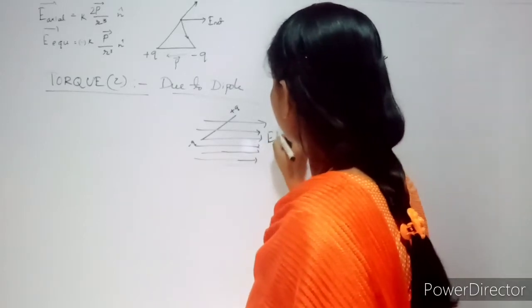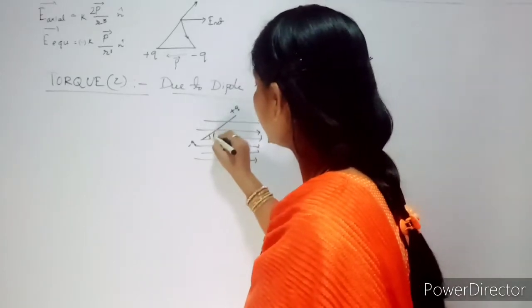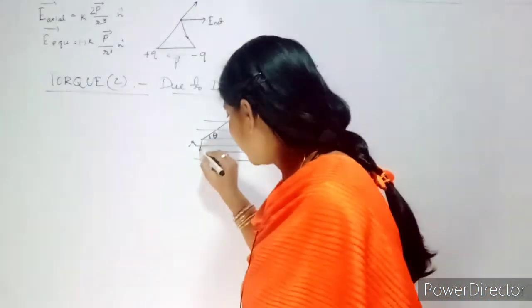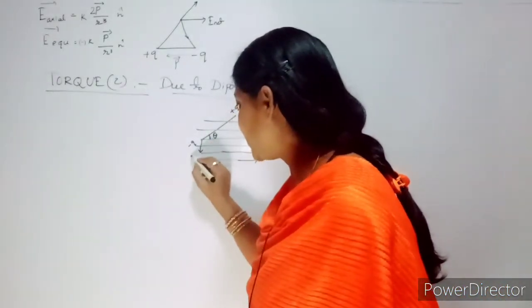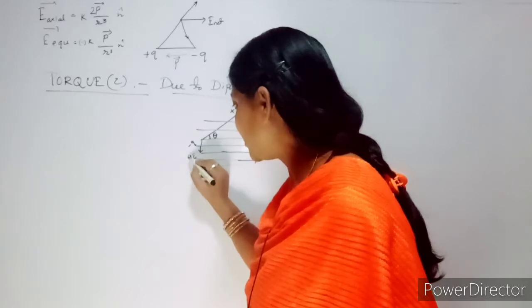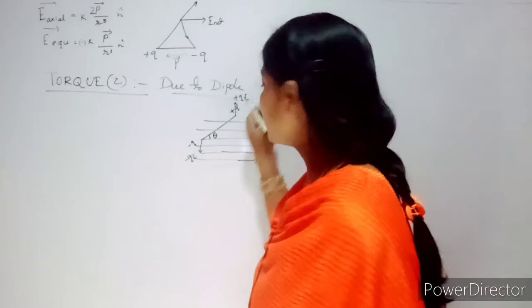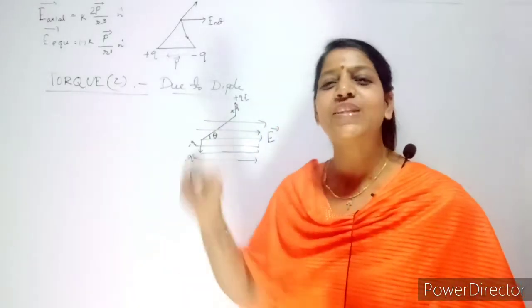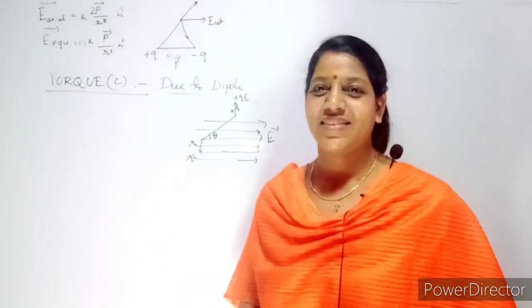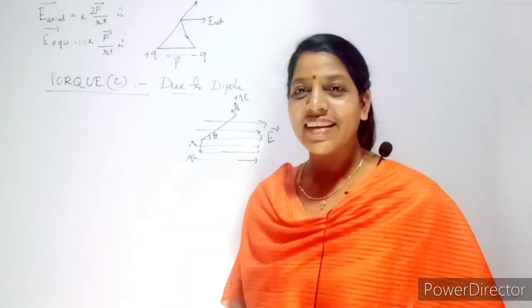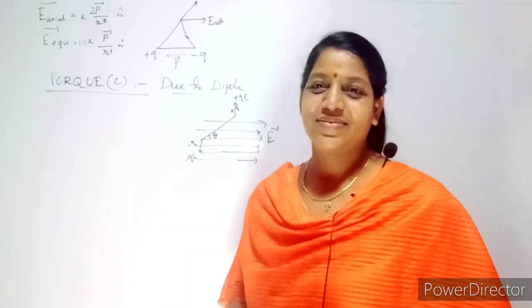So when you keep your dipole in a uniform electric field, let it make angle theta. Why? Because when you see what is the force experienced here, F equal to QE, that is minus Q here, F equal to plus Q. In terms of magnitude, both are equal and opposite. So the net effect of the forces will be 0, but torque exists.